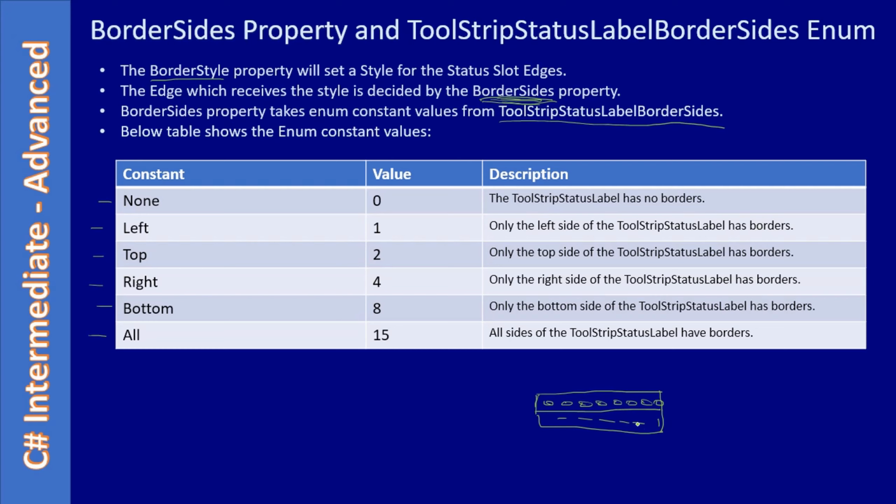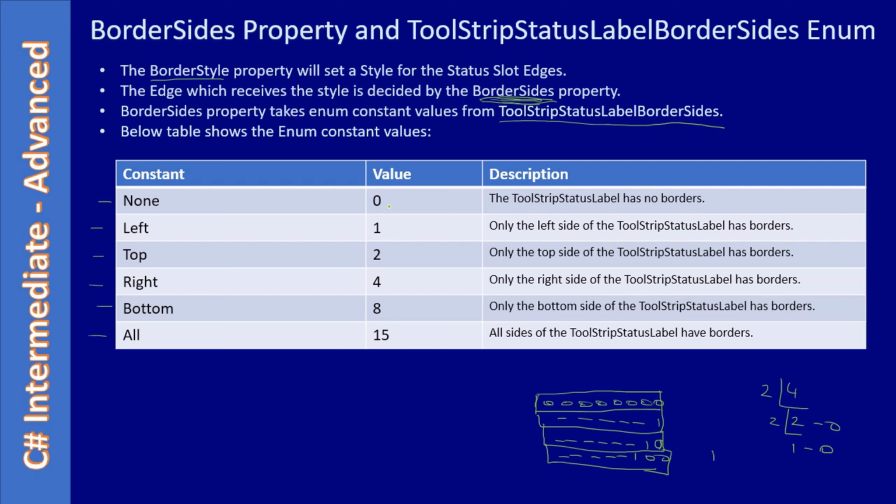The next one comes as 2 in binary format, all others are 0. So 3 is not here. Then you see 4, and you can see how it is going. It is going in a 2 power n format, then 8, after that 15. 15 means all bits are set here. These constants will be helpful to apply and revoke the style using the Boolean OR operation. We will see that when we go to the code.